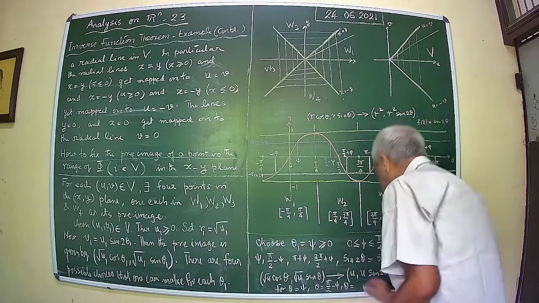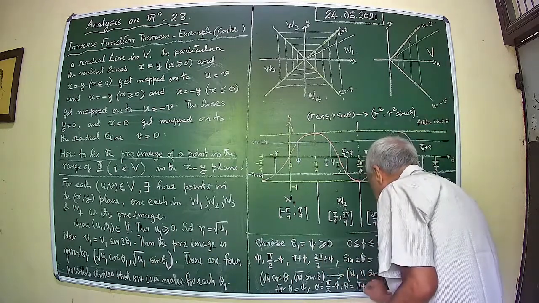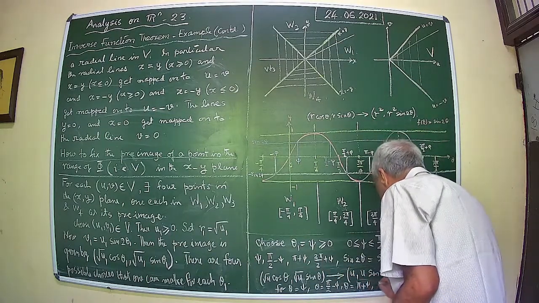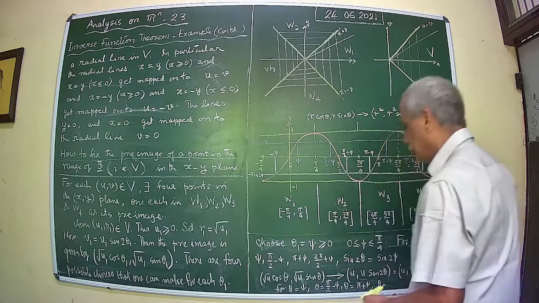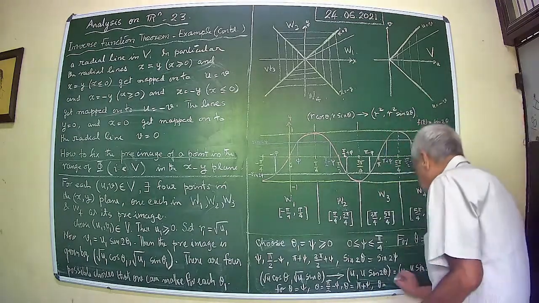The third value is pi plus psi equal to 3 pi by 2.